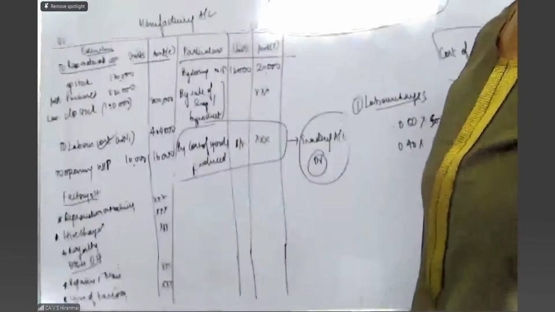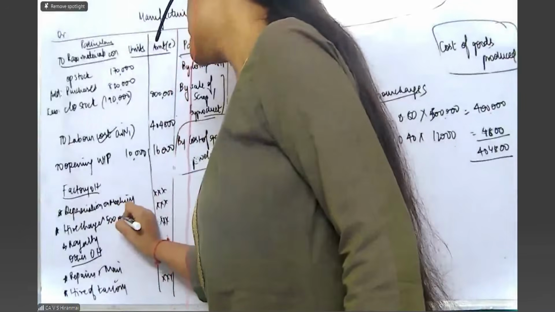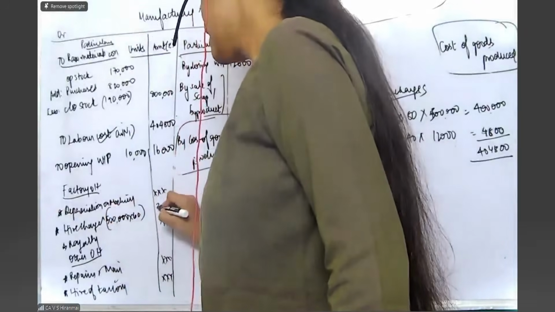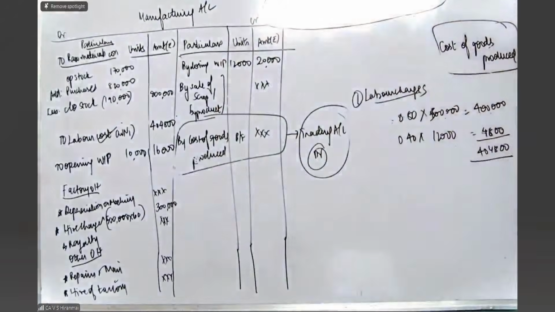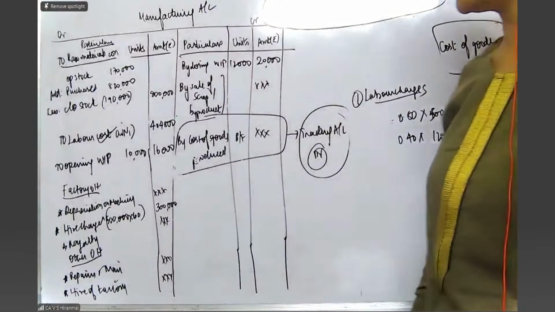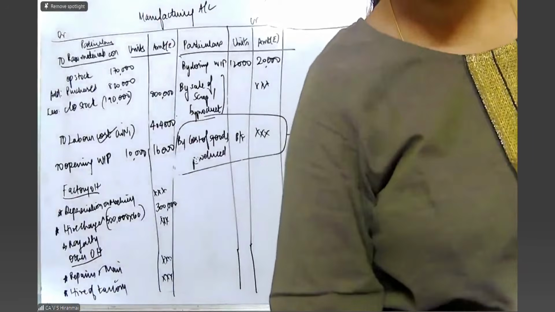All of you please see here. Hire charges is 5 lakh units into 60 paise per unit, which gives you 3 lakh rupees. Then, madam, what about the factory hire charges and the factory repairs and maintenance?